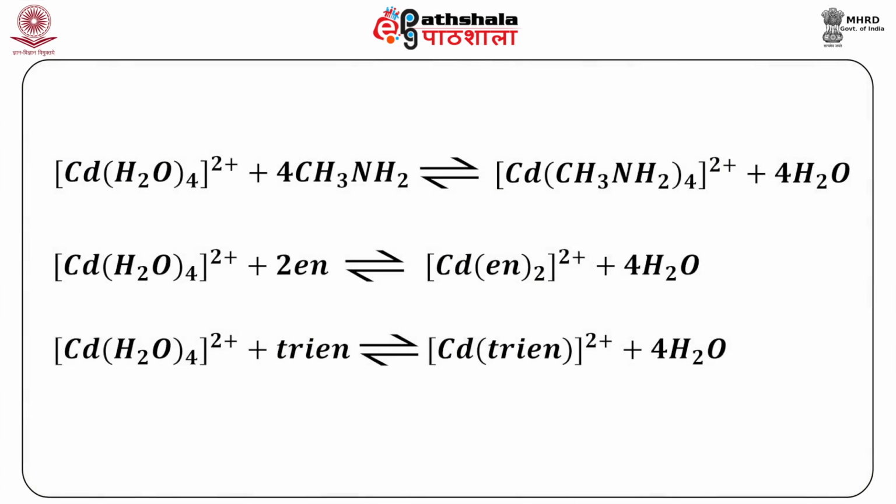Let us consider an example of complexes formed from hydrated cadmium ion with methylamine, ethylenediamine and triethylenetetraamine ligands, where methylamine is monodentate, ethylenediamine is bidentate and triethylenetetraamine is a tetradentate ligand.